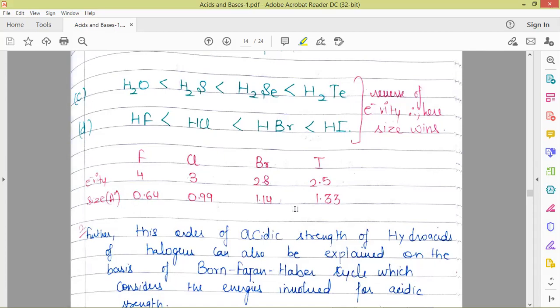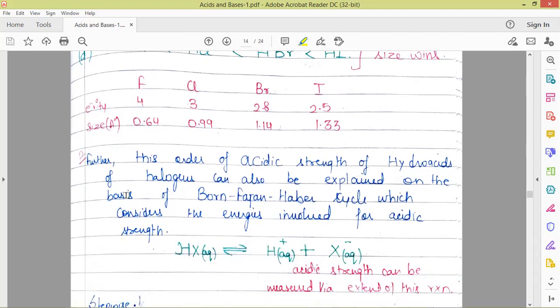The increase in size is more than double, but the decrease in electronegativity is less than 50%. So that means size is more prominent. Size has more predominance over the electronegativity factor when we talk about the acidic strength in groups.